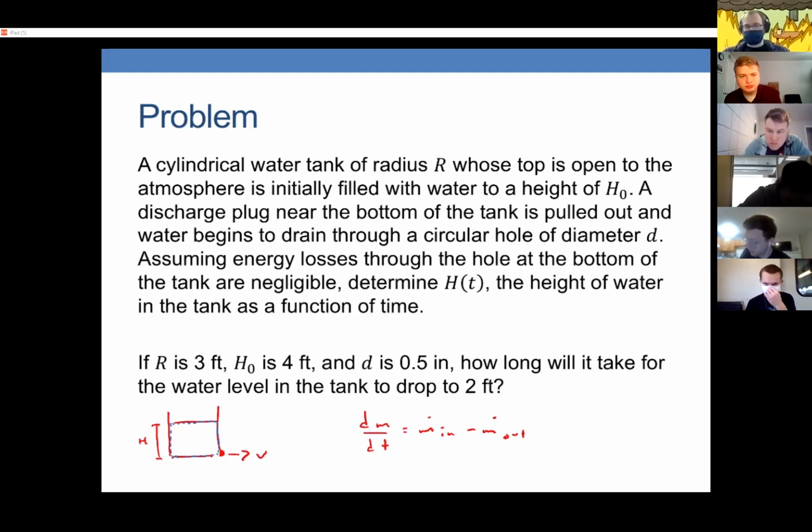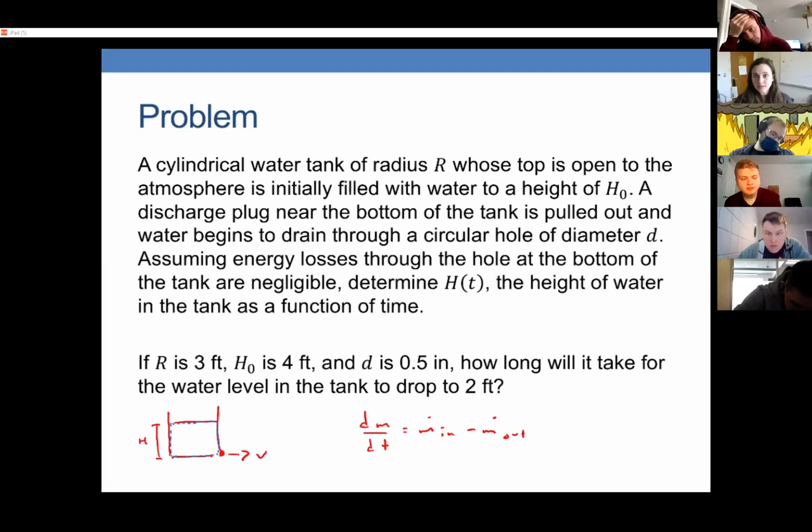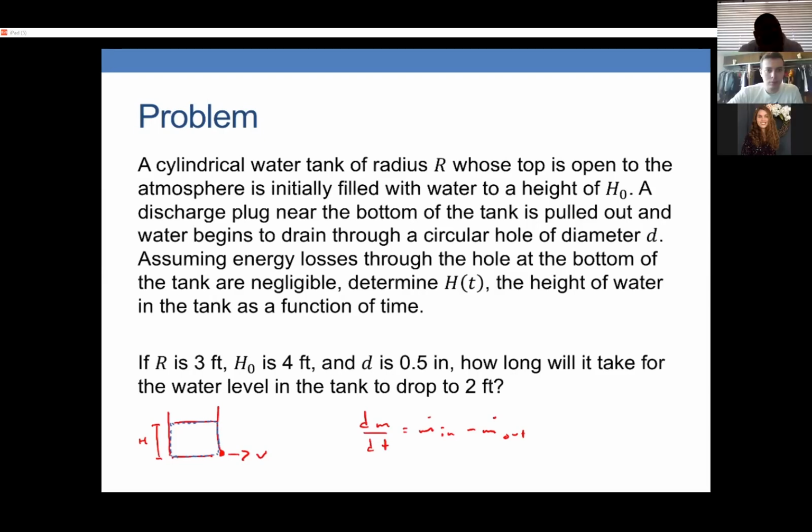So what simplifying assumption can we make right now at this step? I'm going to call on somebody. How about Avonlea? Hi. What do you think a simplifying assumption we can make is? Determine the height. Okay.